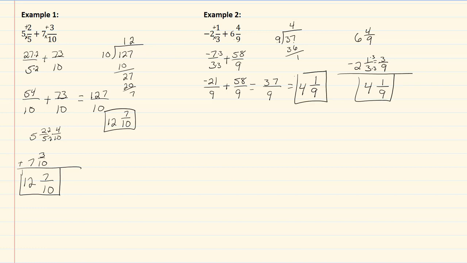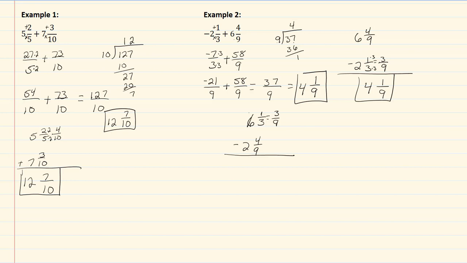Now, there is one thing that we need to talk about here if we're going to be doing these. If I rewrote this problem just a little bit different, and this was 6 1/3 minus 2 4/9. I'm just doing this for ease of just being able to copy things over and not have to figure things out. 3 is less than 4, so this means that we have to borrow.